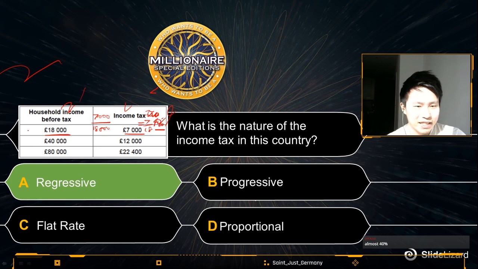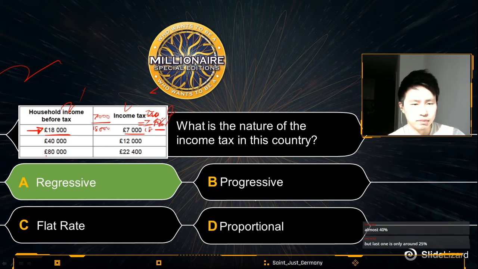So you can see the lower income household is actually paying 40% of their income. And now let's compare that to the higher income household. So if we're paying 22 grand out of your 80 grand, and then we times it by 100 to get a percentage, this would be around 27 to 30%, something like that.